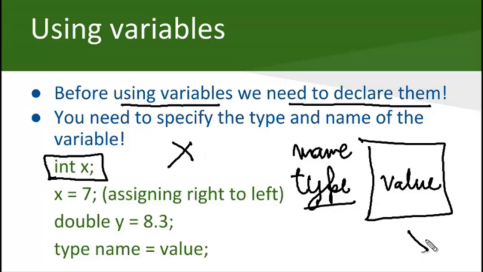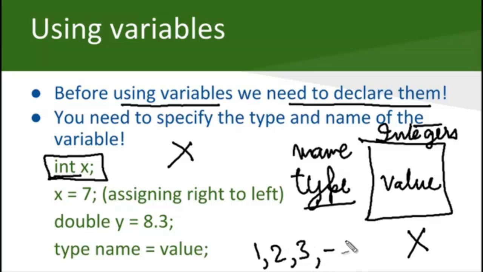The name of our variable is x, and int specifies the type. Int means that it can store integers, like 1, 2, 3, -1, -2, -3, etc. Int x basically tells the compiler that there is a variable named x and it will be storing values of the type integer.